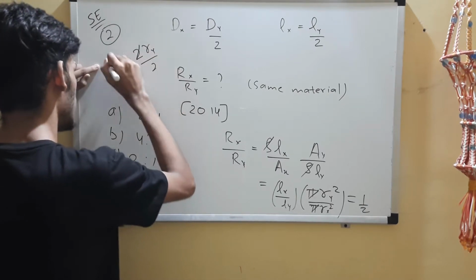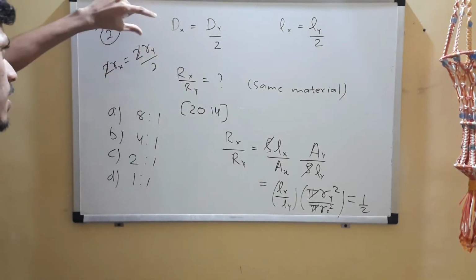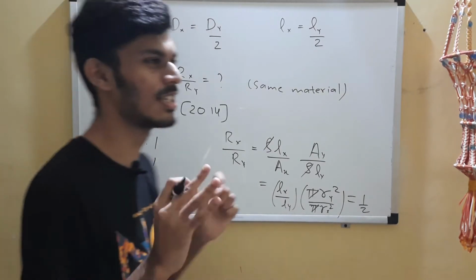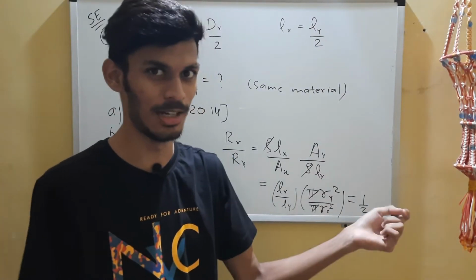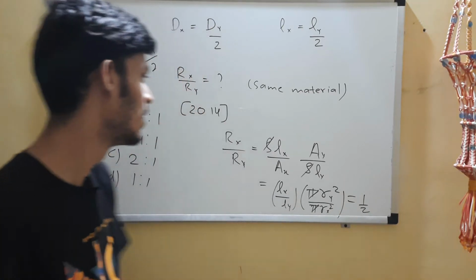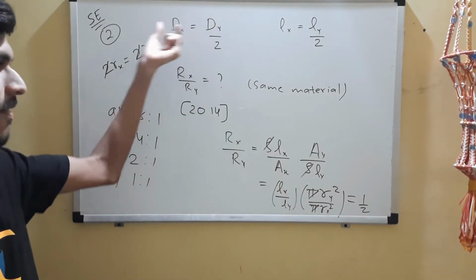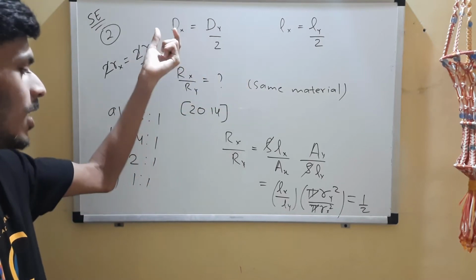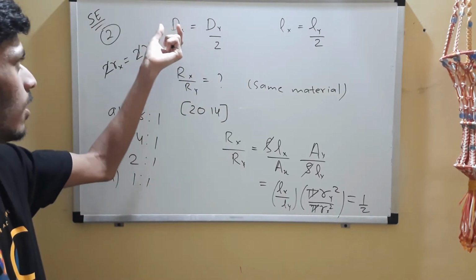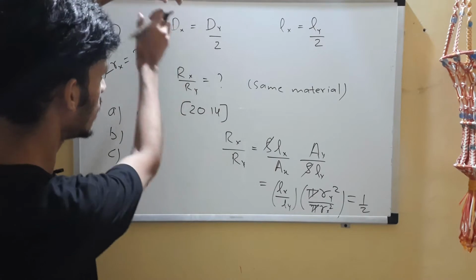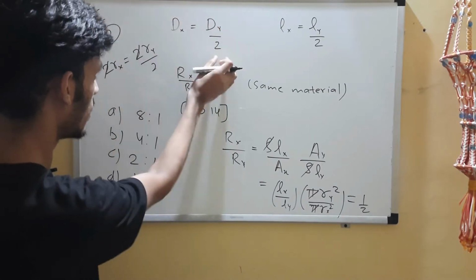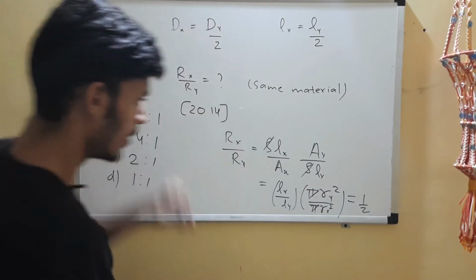Okay, so this and this will get cancelled. So you can see that the radius basically will have the same ratio as that of the diameter. Okay, getting my point? So here Ry by Rx will be same as dy by dx. Okay, so that is what I mean. So Ry by Rx will be same as dy by dx, which is 2. Okay, so cross this, dy by dx, it will be equal to 2.